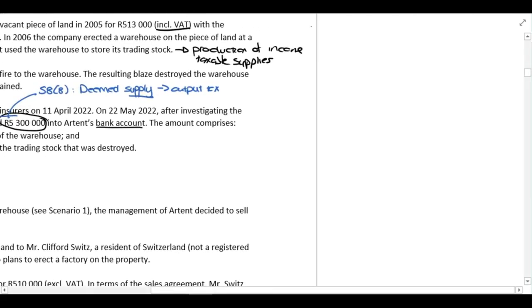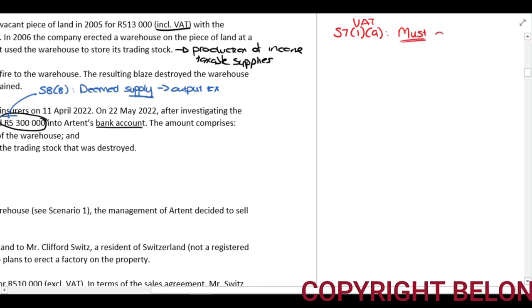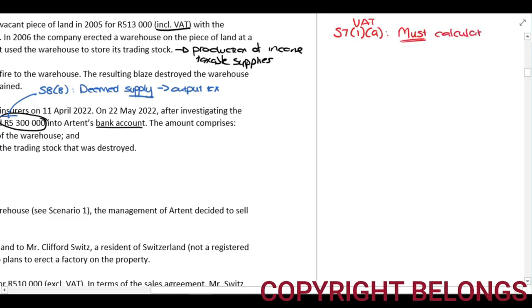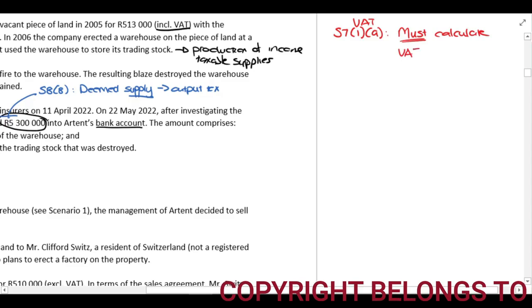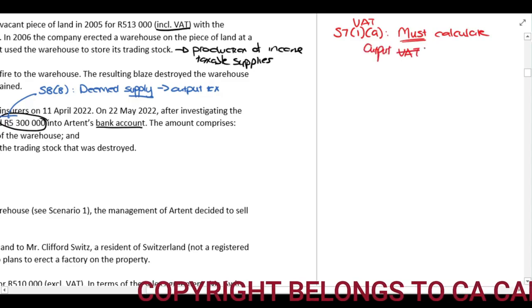Okay, important. Section 7.1a of the VAT Act tells us that you must calculate VAT. So this is now output VAT. Okay, so I'm just going to call it output tax.